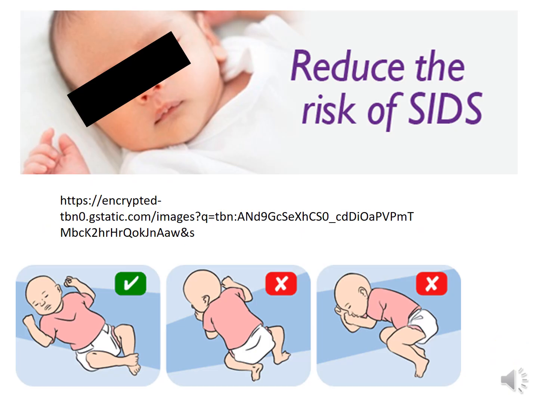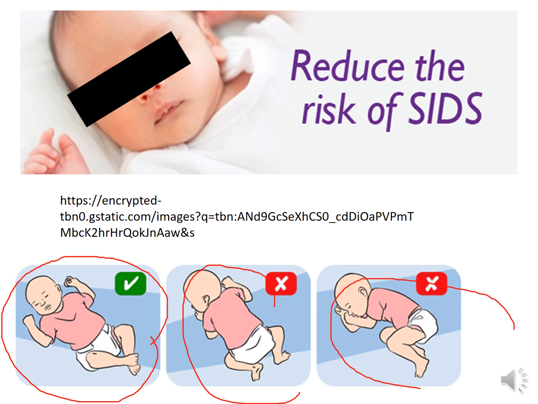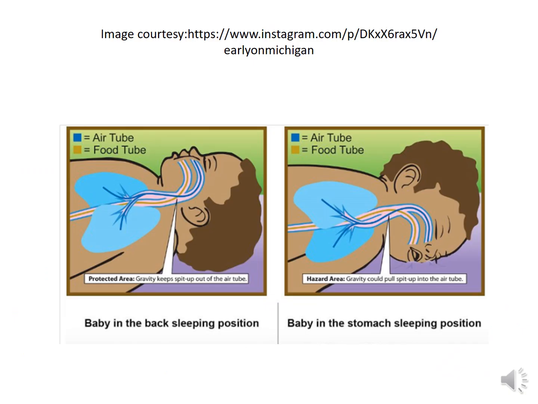So now, how to reduce the risk of SIDS? As you can understand, this is the correct position. Prone position is incorrect and lateral positions are also incorrect. This is how it can be explained. As you can see here, the trachea is on the esophagus when the baby is in supine position.